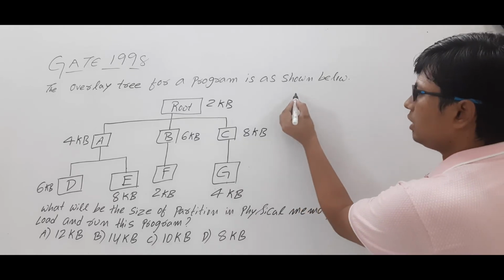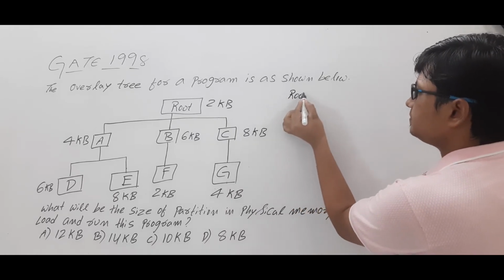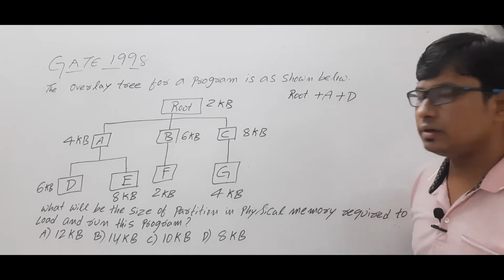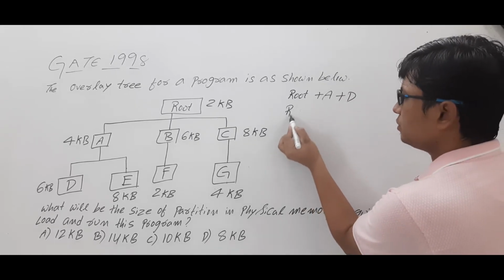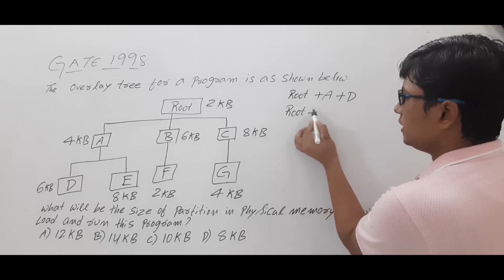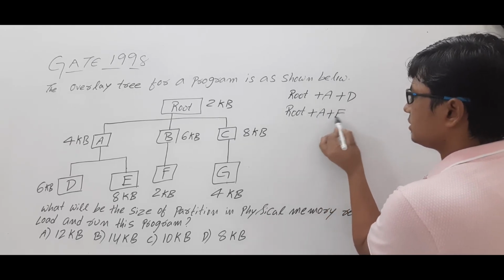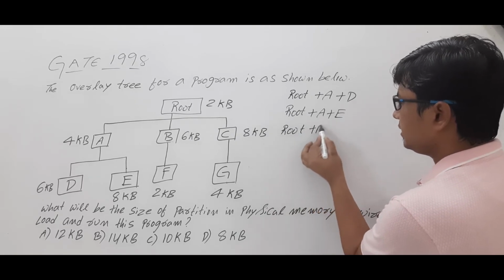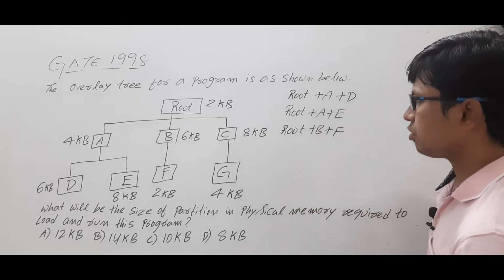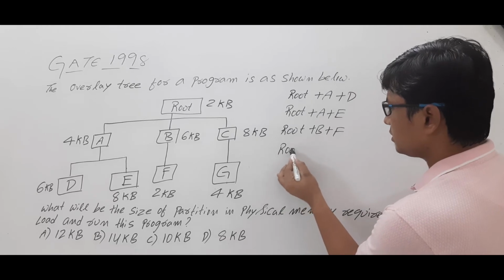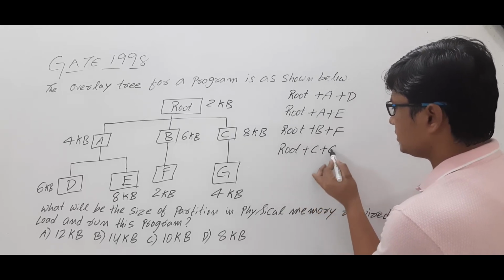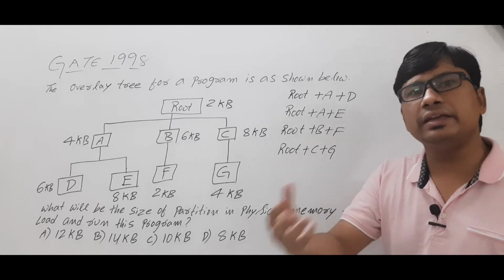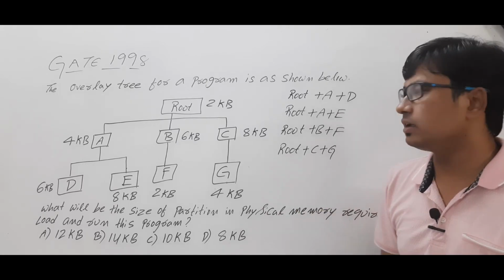So root, A and D is one; root, A, E is another one; root, B, F is another combination; root, C and G is another combination. Any one of them will be running at a time. Are you able to understand?